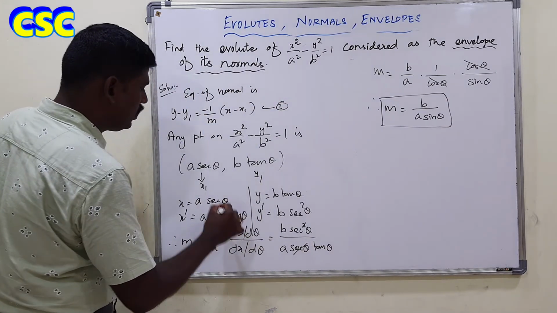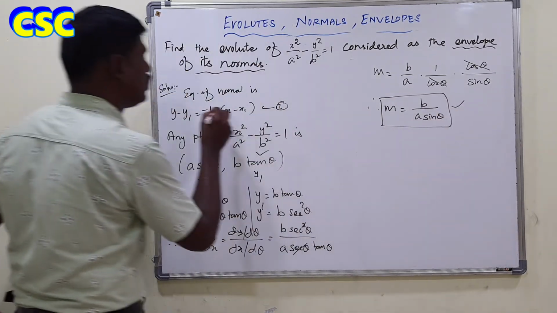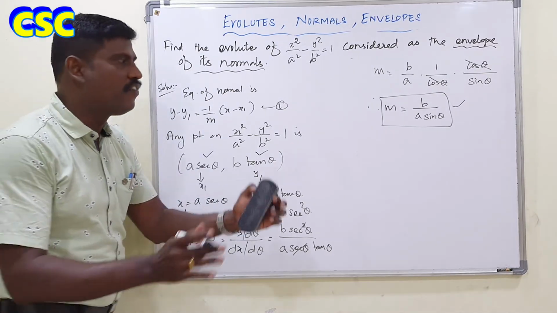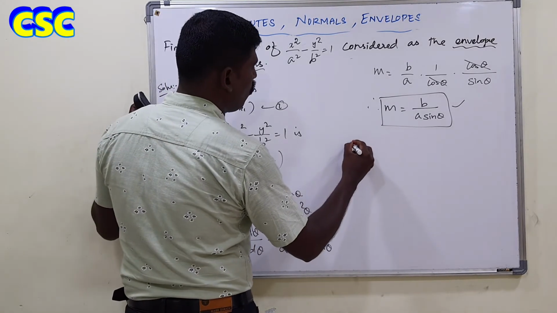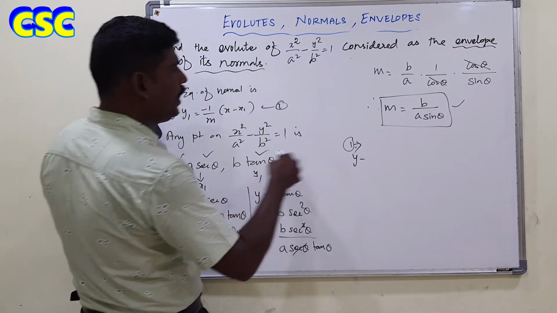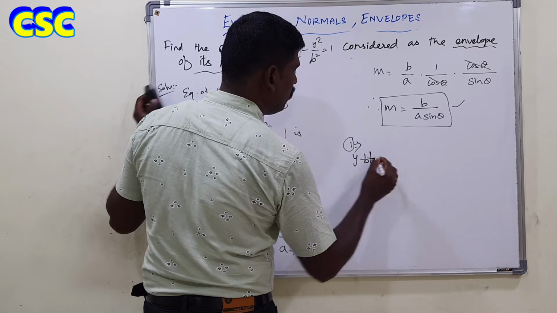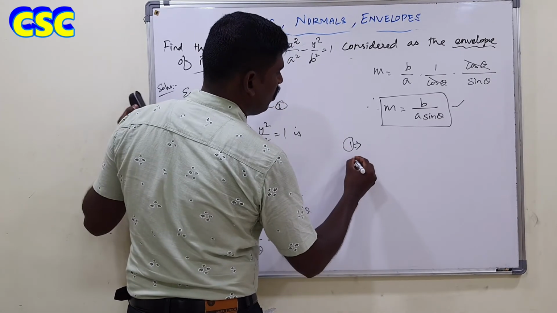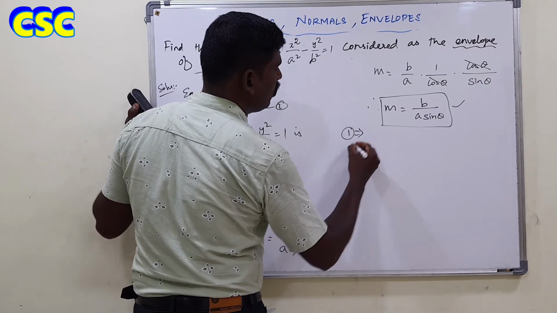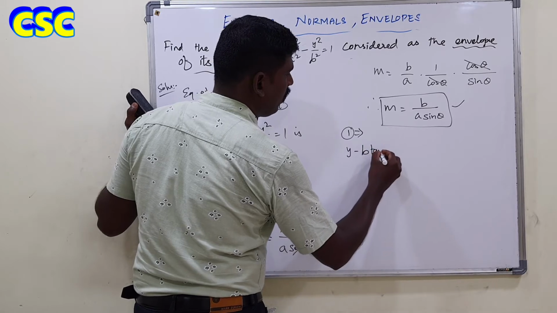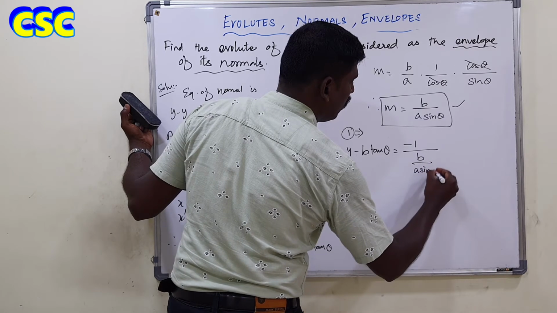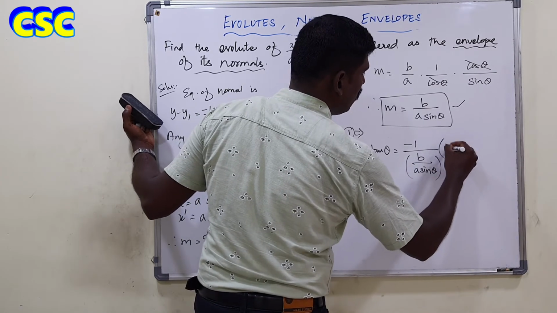Now I found the value of m. After finding these three values 1, 2 and 3, I am going to substitute them in the equation of normal. You will get the equation of the family of normals. So from 1, y minus y1. What is y1? y1 is equal to b tan theta. So y minus b tan theta is equal to minus 1 by m, m is b by a sin theta, into x minus x1.